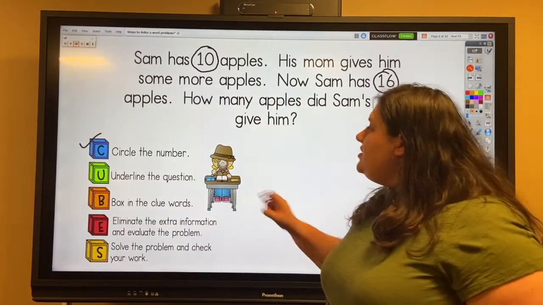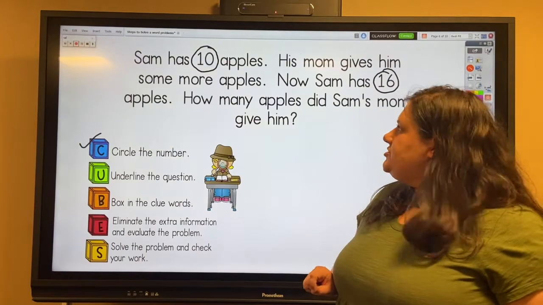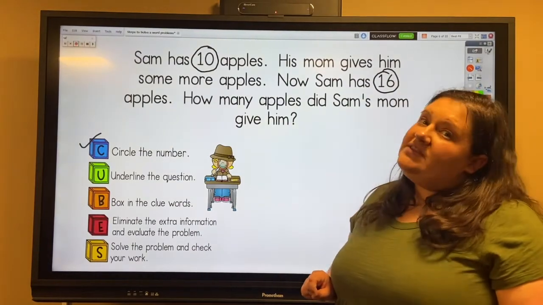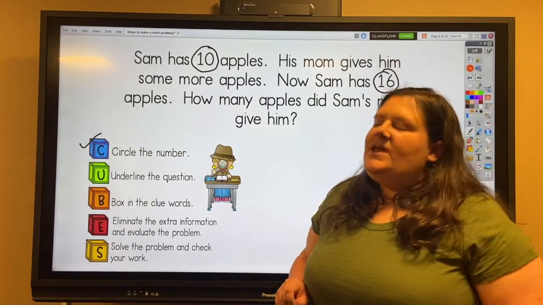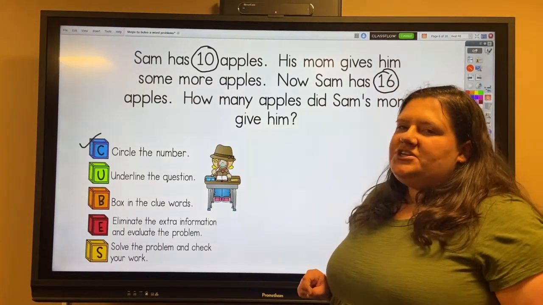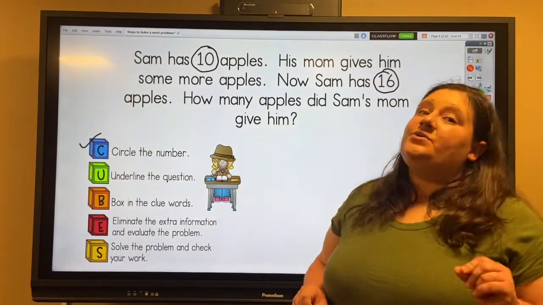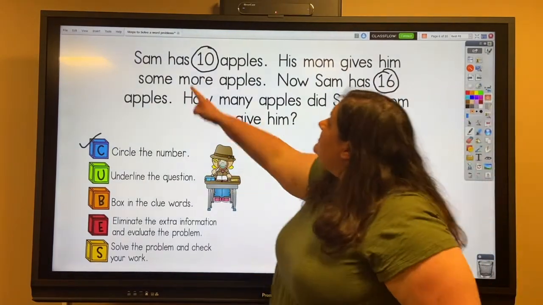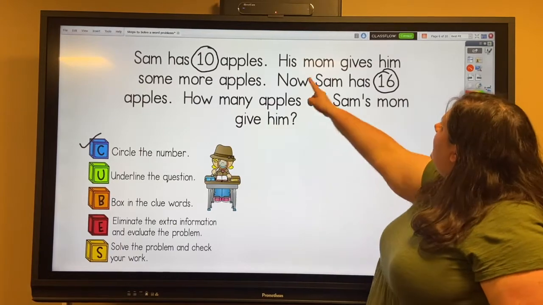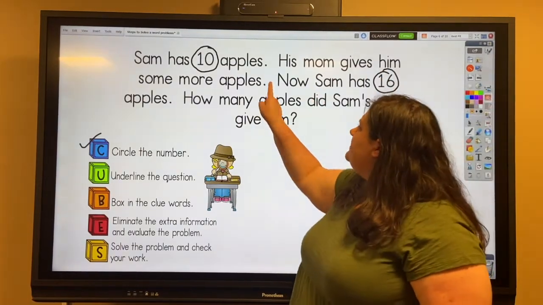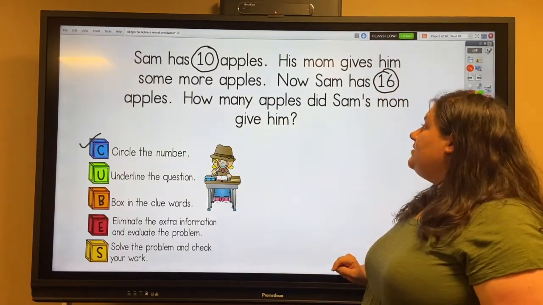All right, U is going to be underline the question. Well, I'm going to go back through and read this word problem one more time, and I'm going to underline a question. Now, how am I going to know it's a question? Well, questions usually end with a question mark. So Sam has 10 apples, that's a period, so it's not a question. His mom gives him some more apples, that also ends with a period, so that's not a question.